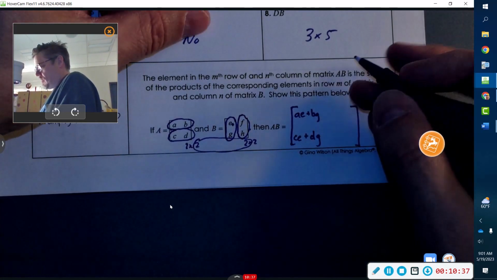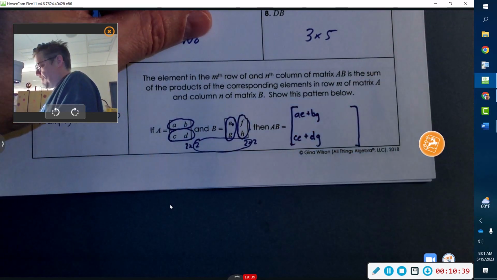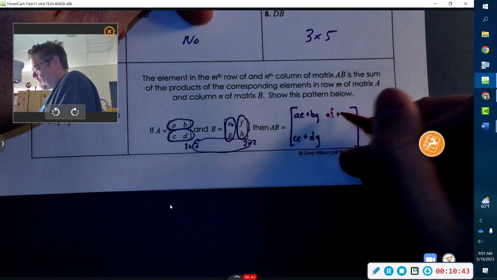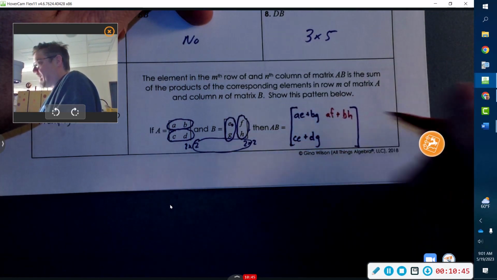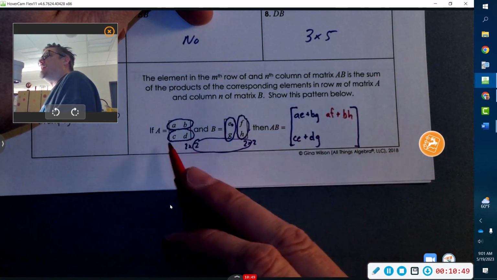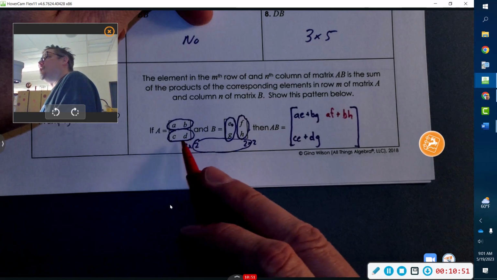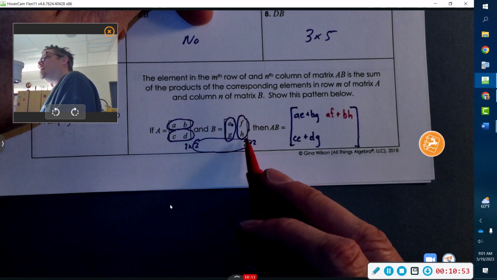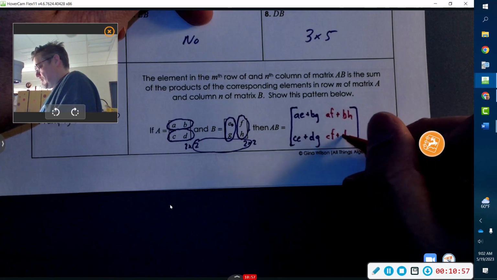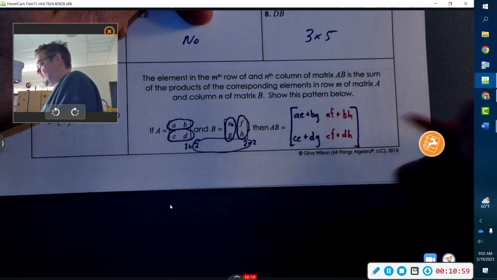Now I'm going to write this in a different color. This is going to be A times F plus B times H. And then the second one would be the second row times the second column. Right, BH, exactly.